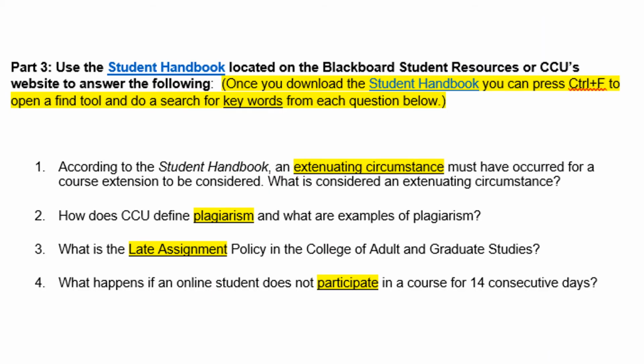Part 3. We're going to use the student handbook located on the Blackboard Student Resources or CCU's website to answer the following. Now, I'm giving you some hints here. Once you download the student handbook, you can press Control F on your keyboard to open a Find tool and do a search for the keywords from each question below. Hint, hint, the keywords are highlighted in yellow.